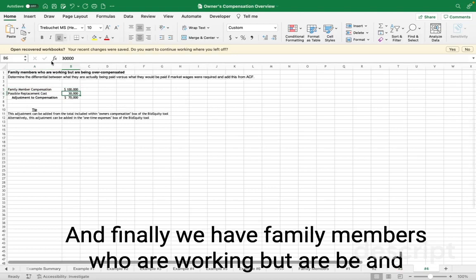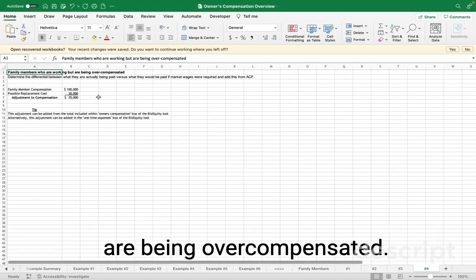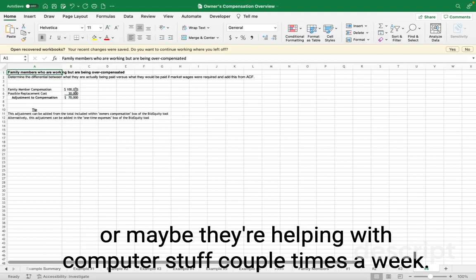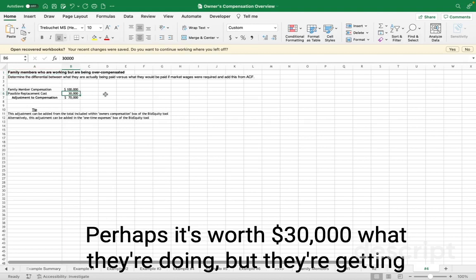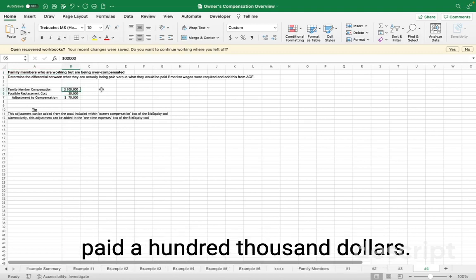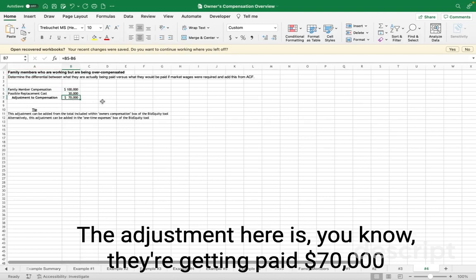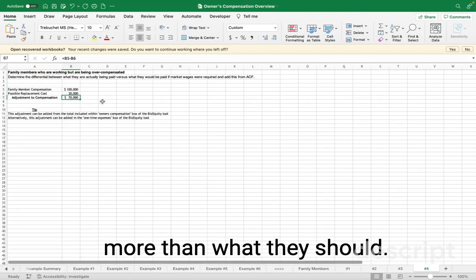And finally, we have family members who are working but are being overcompensated. So, you have a family member, they're maybe doing some bookkeeping or maybe they're helping with computer stuff a couple times a week, perhaps it's worth $30,000 what they're doing, but they're getting paid $100,000. So very similar. The adjustment here is, they're getting paid $70,000 more than what they should.